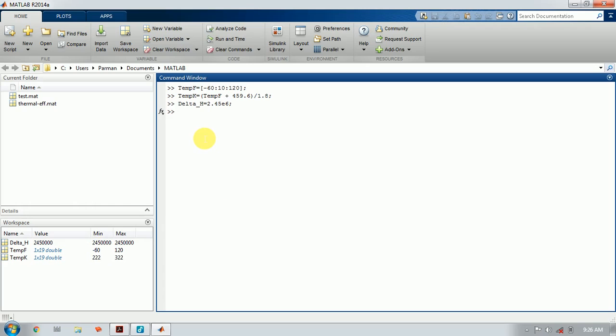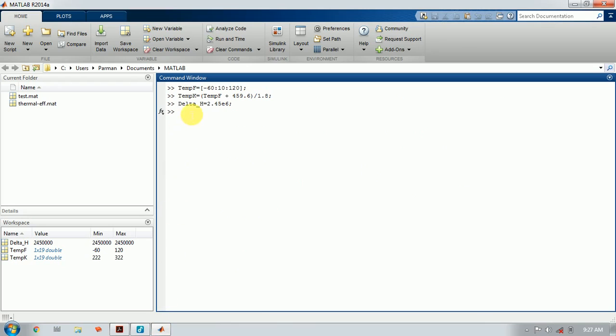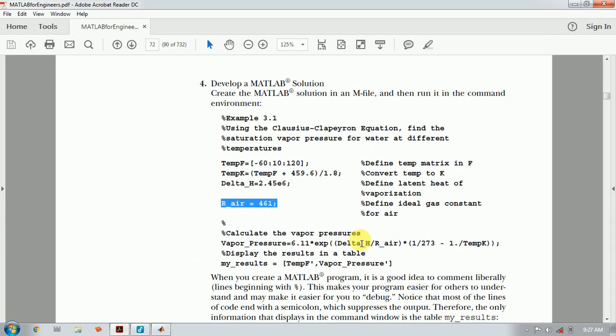It is the value of ΔH, and the air constant, 461. This is the air constant. And next we calculate the vapor pressure.